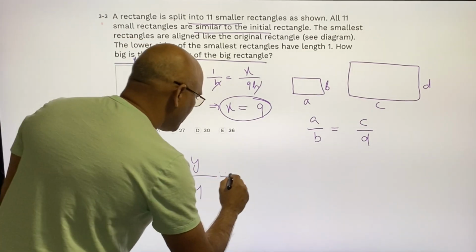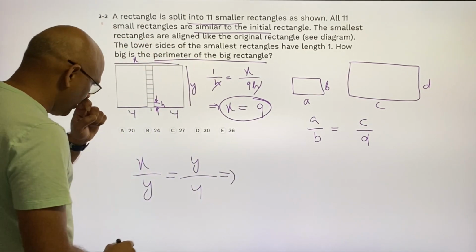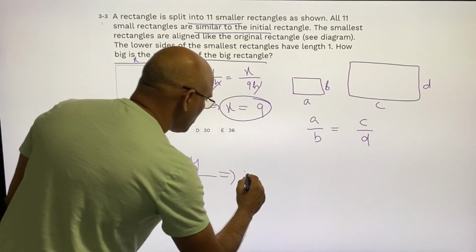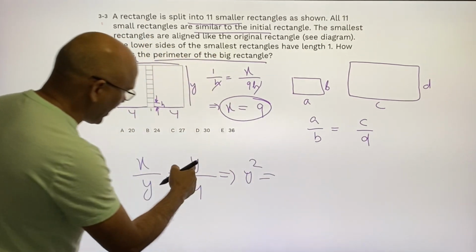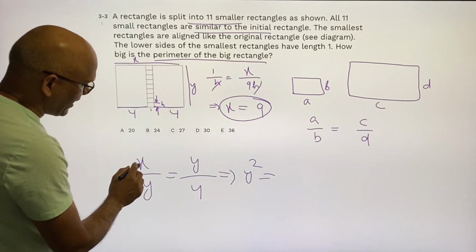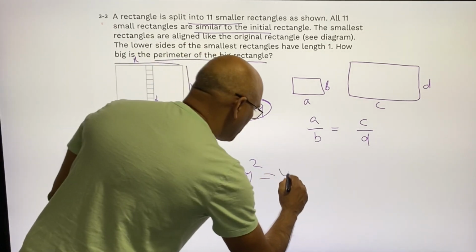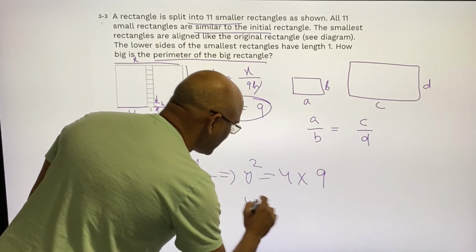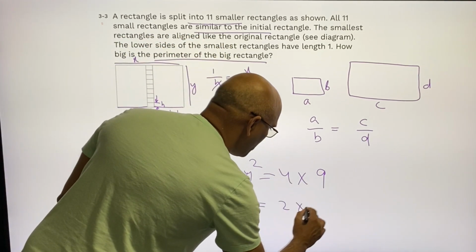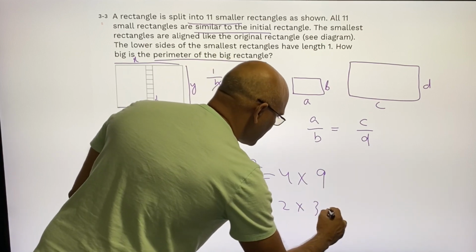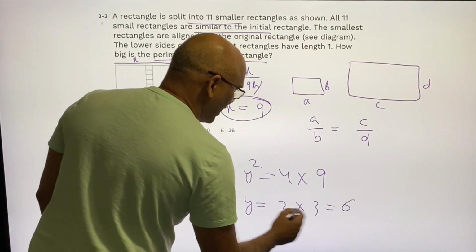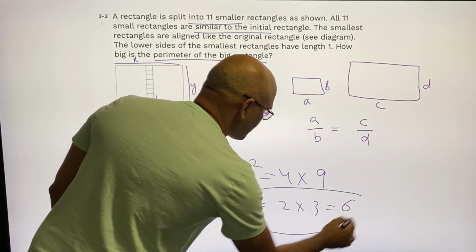From here, X I have already found to be 9, so Y times Y is Y squared, equals 4 times 9. So Y is going to be simply the square root, 2 times 3, so this is going to be 6. So then X is equal to 9 and Y is equal to 6.